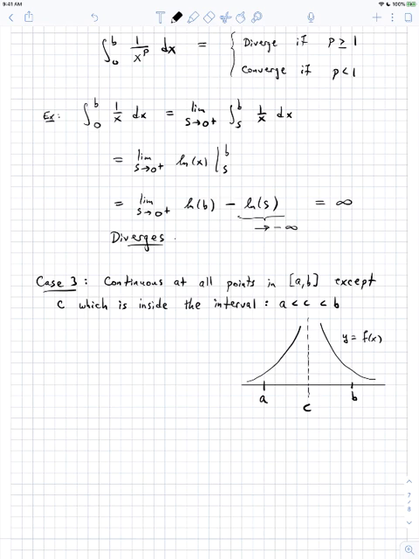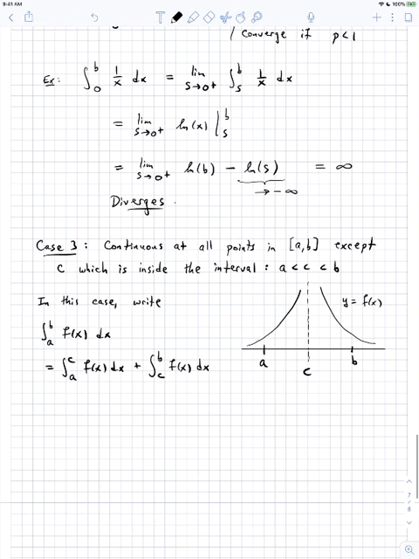So in a case like this, write the integral from A to B of f of x dx as the integral from A to C of f of x dx plus the integral from C to B of f of x dx. And then do each one of these separately.